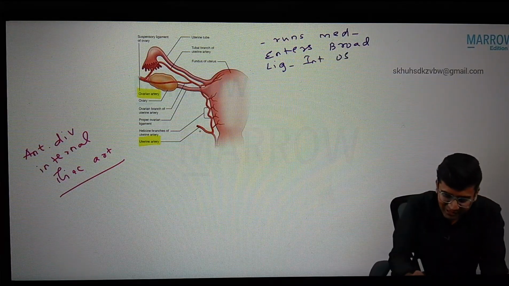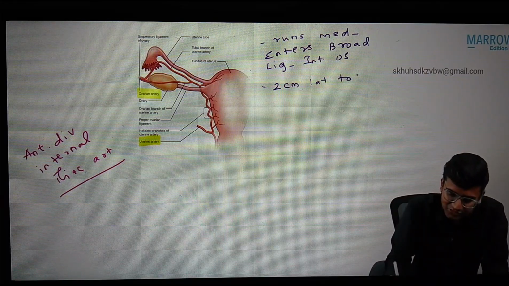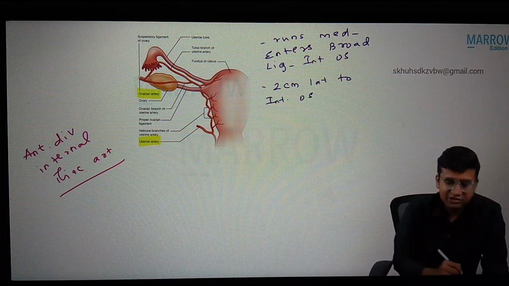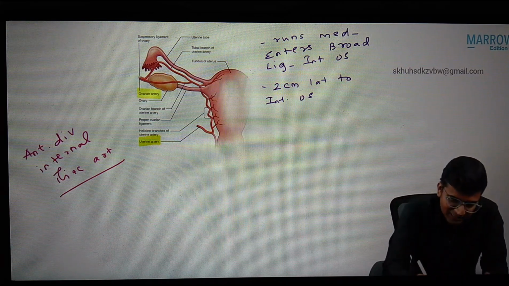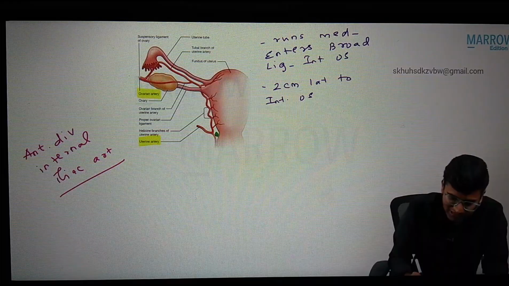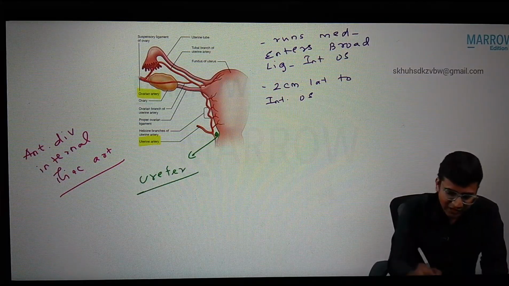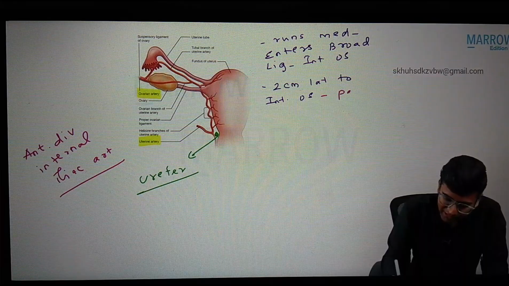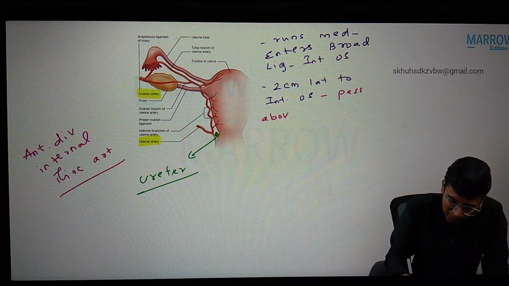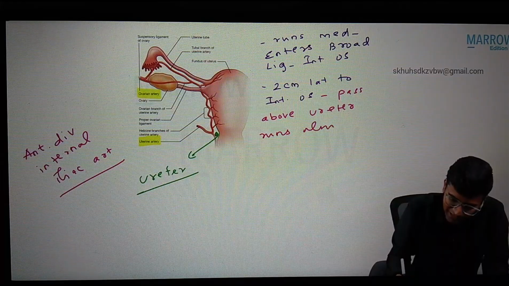Two centimeters lateral to the internal os, the uterine artery passes above the ureter. So the ureter will be here like this. That is the ureter. The uterine artery passes above the ureter and runs along the lateral border.